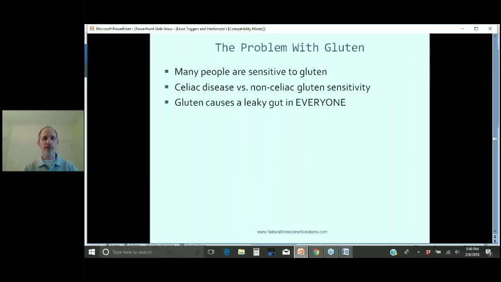Some people will reintroduce gluten, and maybe they won't relapse. That doesn't mean it's not causing a leaky gut; maybe they just haven't consumed enough of it, or maybe they need exposure to another trigger. The problem is you don't know what category you'll fall into, so it's always a risk when reintroducing gluten, even after you get into remission.